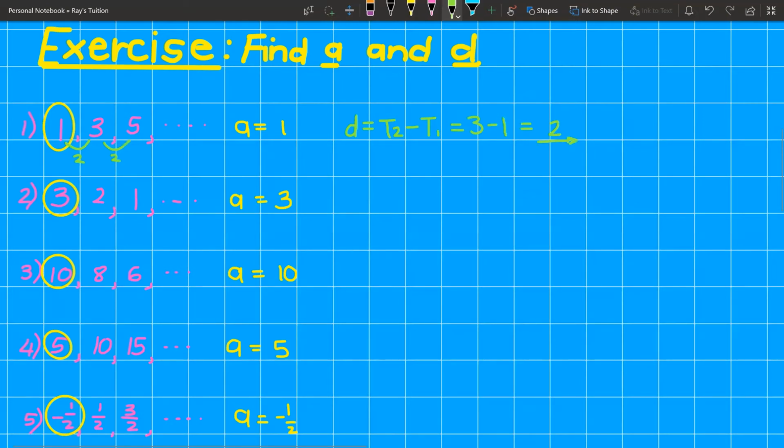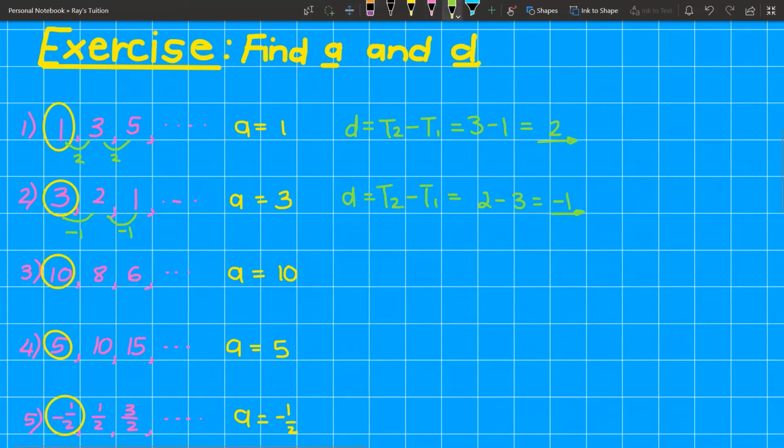Let's look at the second one. So again, I'm going to use T2 minus T1, but you can use any term minus the term before it. So T2 minus T1 is 2 minus 3, which is minus 1. And you can check that 2 minus 3 is minus 1, 1 minus 2 is minus 1. So no matter which two terms you subtract, you're always going to get the same number.